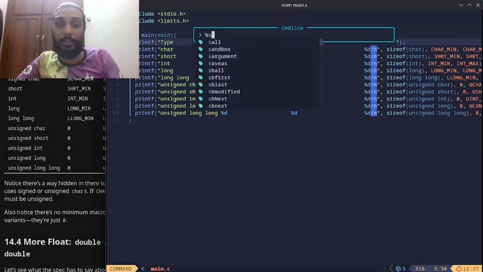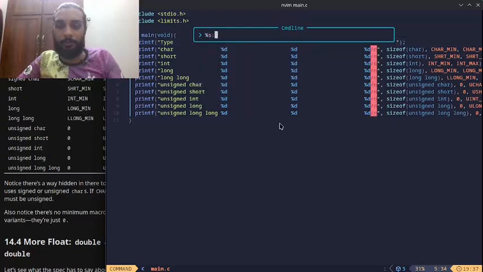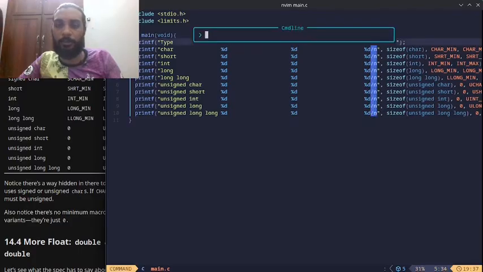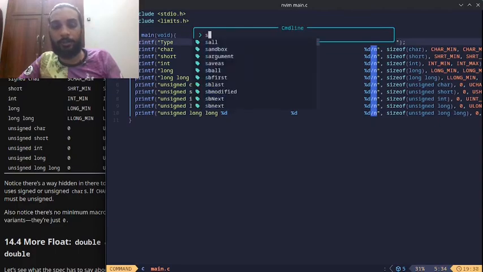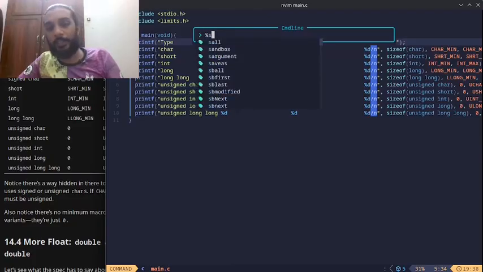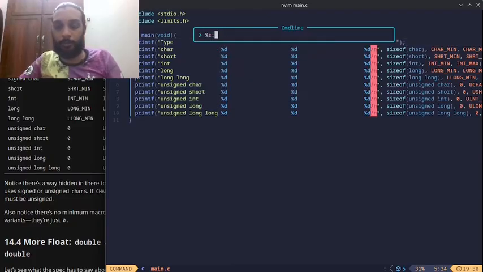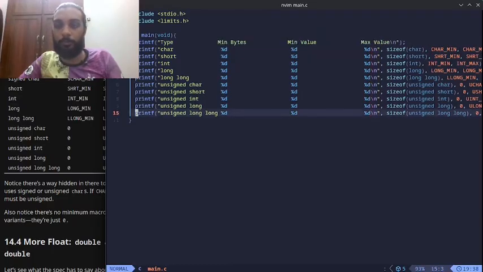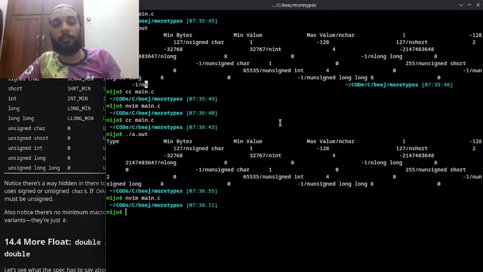What did I say? Slash, and replace that with boom. Percentage S, boom, boom, and do this, and boom, and boom. There you go.